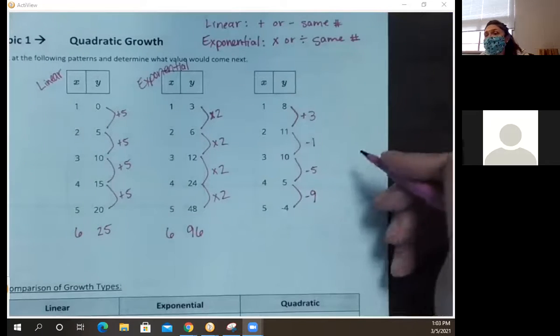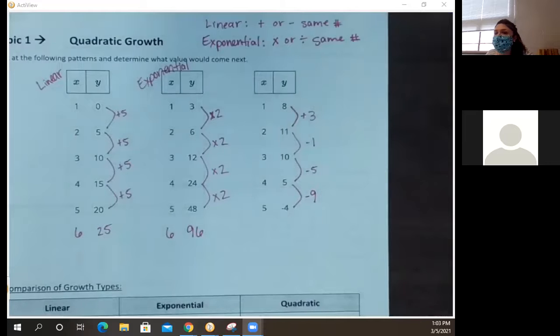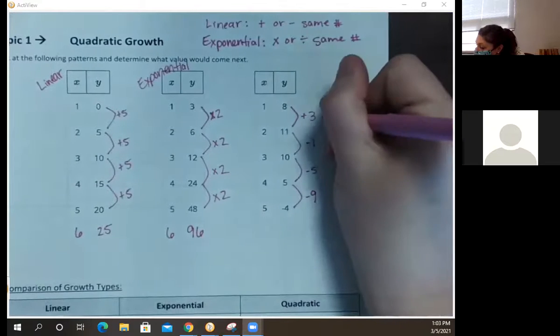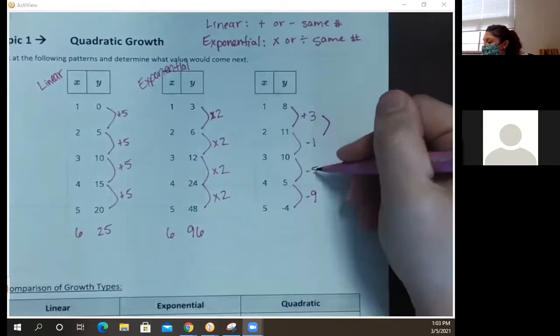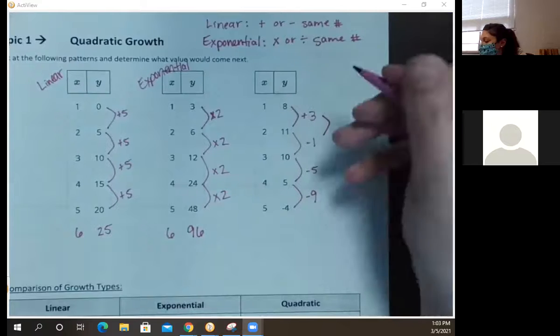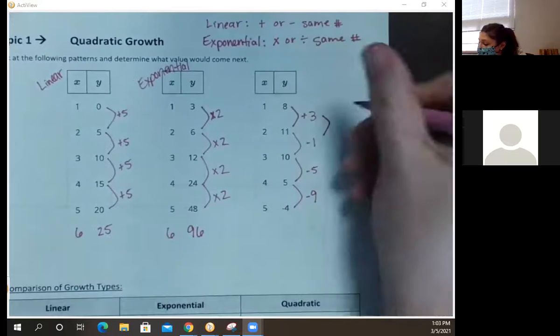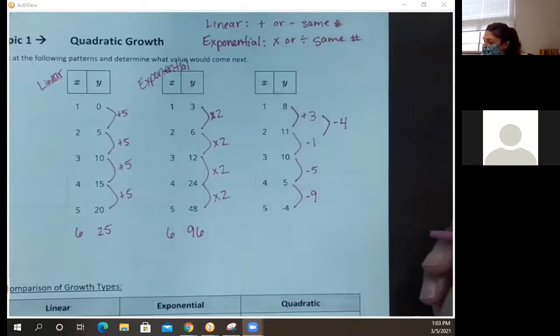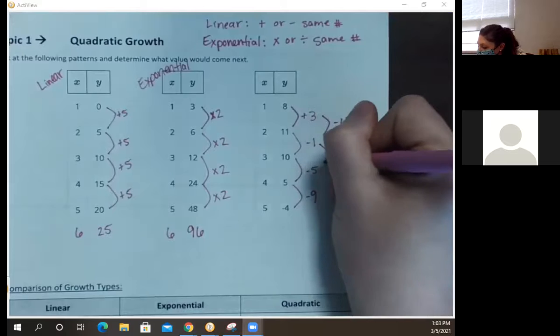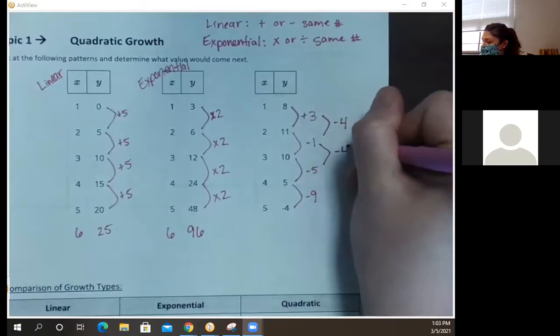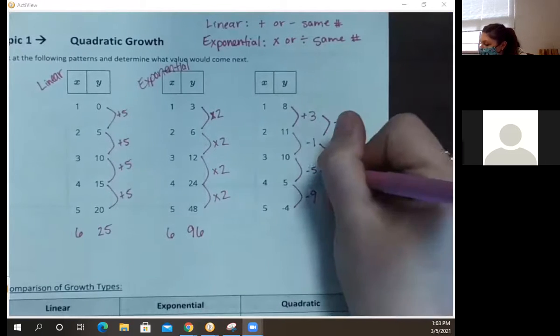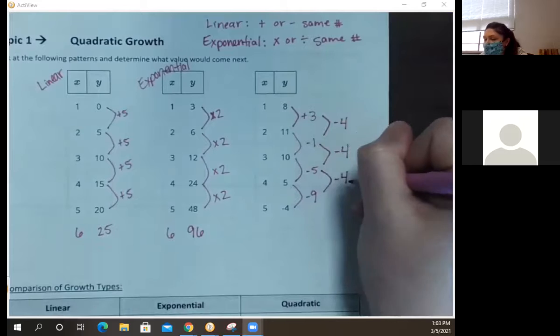So these are all different. Again, it's not linear, but if I look at these numbers, there's a pattern here. To get from -3 to -1, I would have to subtract 4. To get from -1 to -5, I would subtract 4. And to get from -5 to -9, I would subtract 4.